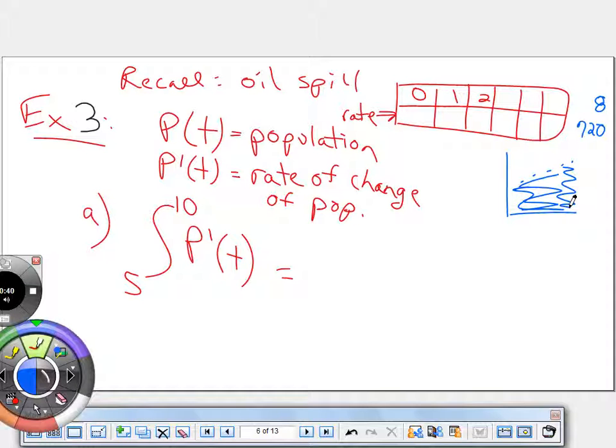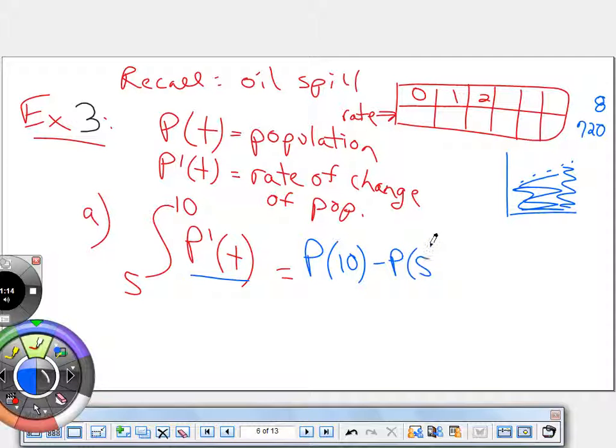All right. Let's say we have another example, and we say that P of t is the population for any number of years for a particular city, nation, world, whatever. P prime of t is the rate of change of the population. So how is the population changing with time? So if somebody gives us the integral from 5 to 10 of the rate of change, we certainly could find the antiderivative, and then we could just plug in the limits of integration.